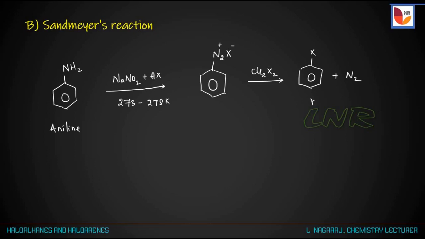Here X is either Cl or Br. So benzene diazonium halides on reaction with cuprous halides give aryl halides.